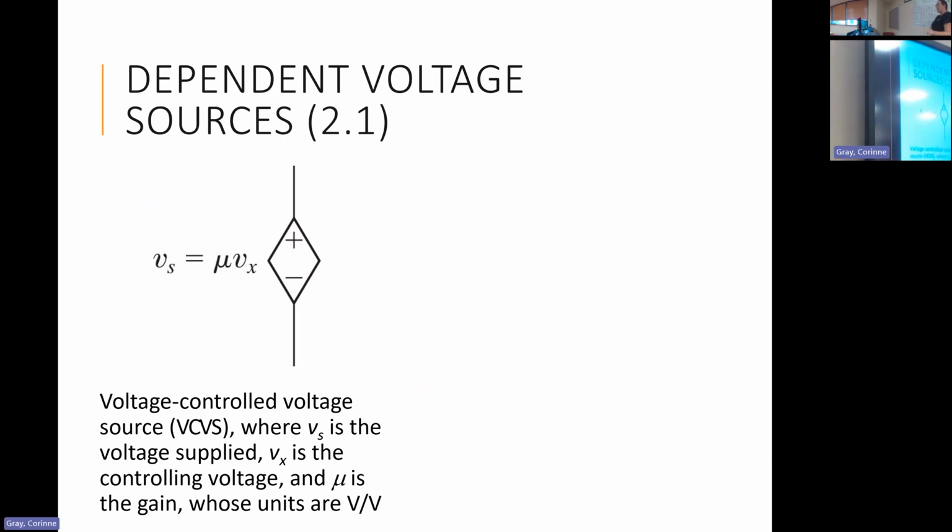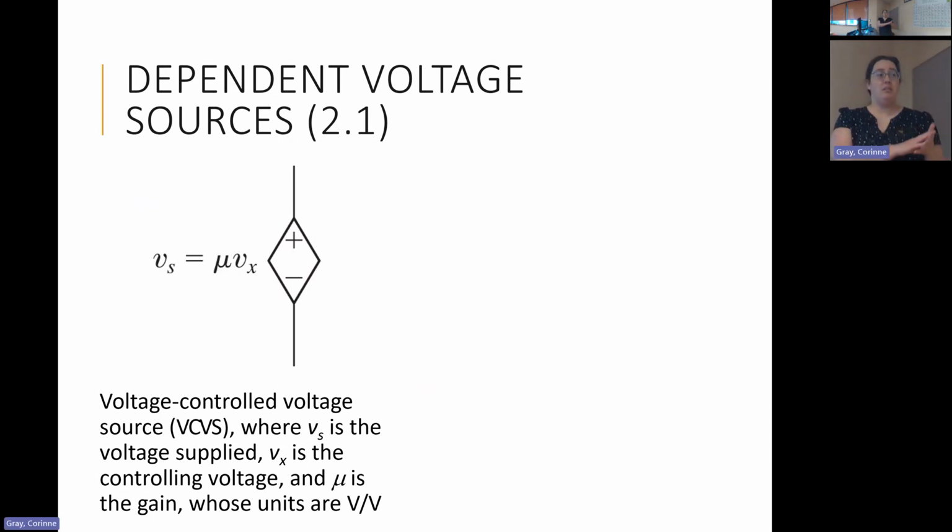What this equation next to our source says is Vs. This is the source voltage for this particular source. It is equal to mu, which is just some value, whatever it happens to be, times the voltage through that part of the circuit. So Vx is what is referred to as the controlling voltage.